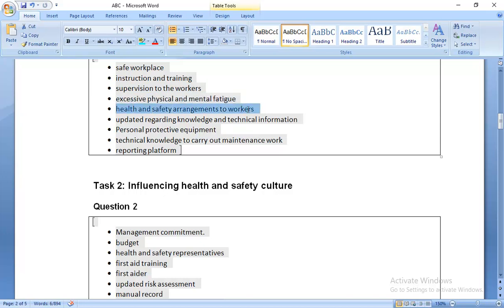Health and safety arrangements for the workers, updated regarding knowledge and technical information, personal protective equipment, technical knowledge to carry out maintenance work, reporting platform. So these are some points that we have discussed from the ILO recommendation. Learners can get information in ILO recommendation 10 of R164.